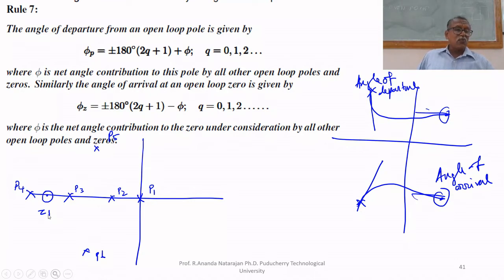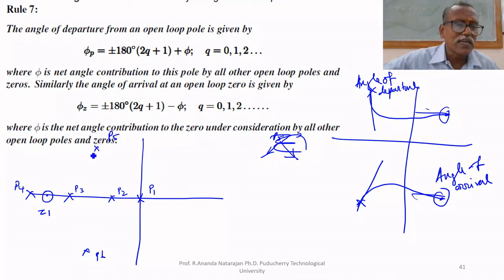But here, 2 complex poles are there. At P5 and P6, there will be an angle of departure. From P5, it may come out like this, or like this, or like this; at what angle it is coming out, we do not know. We have to find it. Suppose I select a point S0 very close to P5.